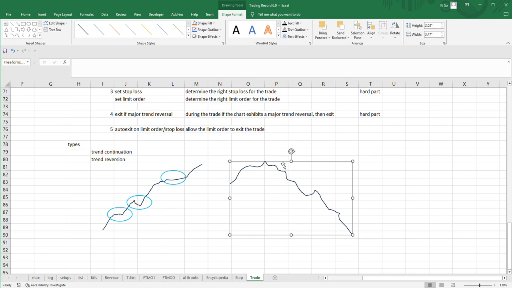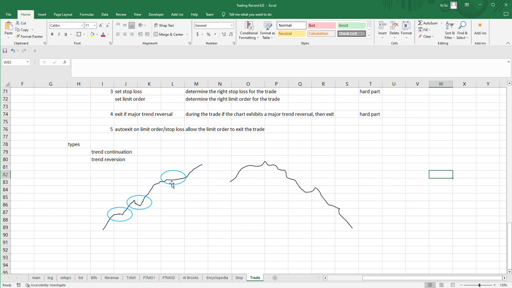So there are essentially two types of situations where the stock behaves, and this is essentially a description of what the stocks will do. Even if the stock is moving sideways, it moves up, moves down, moves up. That's what sideways is. And this is the range.